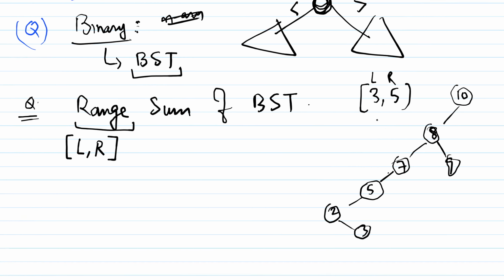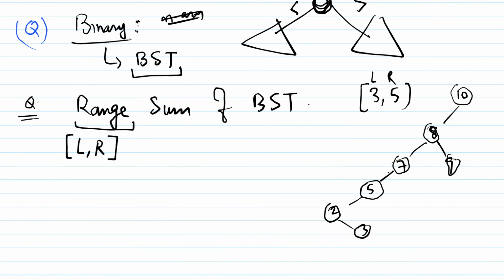So this means that add the values of all the nodes whose value lie in this range. So you start from root, you check root is more than this larger value, so all the values in the right subtree will be larger, so no point in traversing that. Come to left part, and so on.